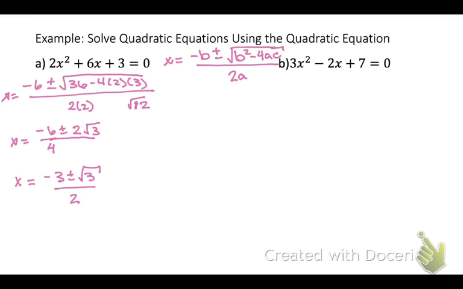Did you reduce out of 2? Did you get negative 6 plus or minus 2 square root of 3 over 4?